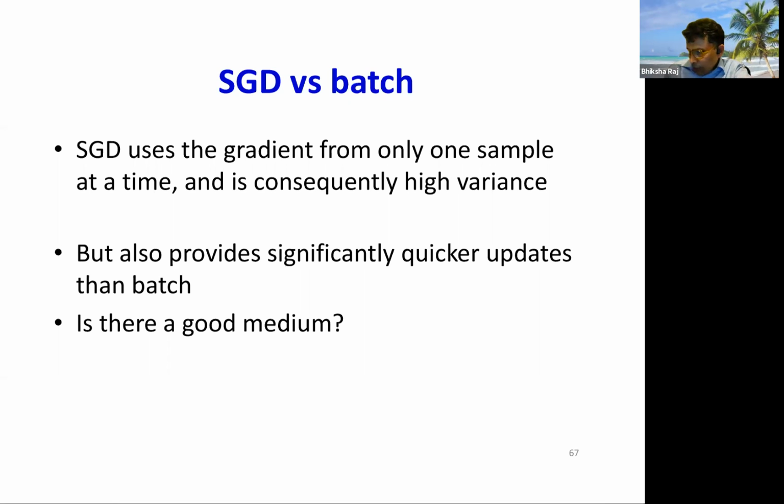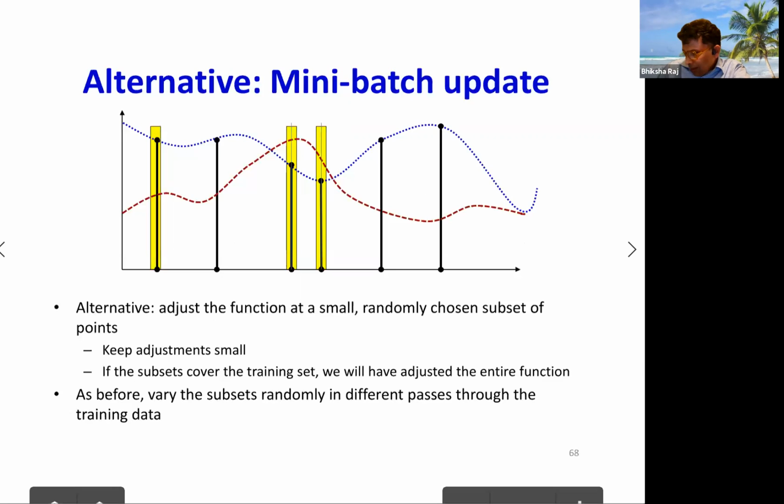So we have this trade-off of frequency of update versus variance of estimate, right? So when you see it this way, then you see that there's actually a medium. We can get an intermediate solution using mini batch updates.